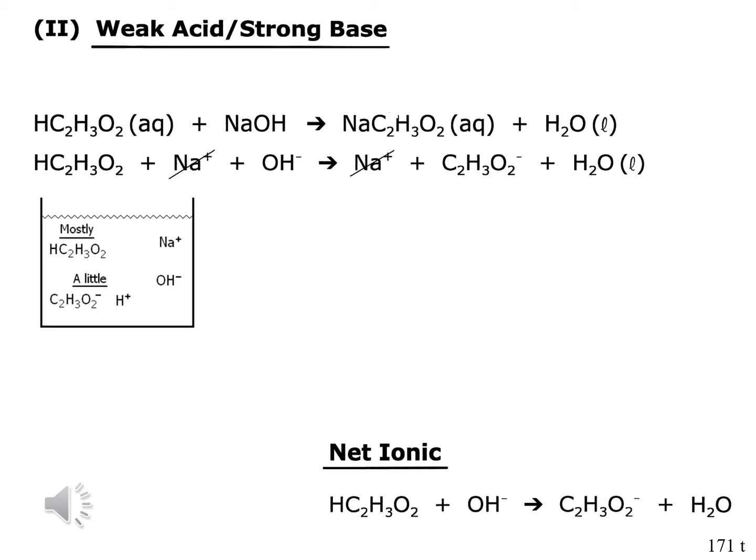When I write acetic acid in a beaker, I'm going to write it as mostly the acid because it's mostly molecules, and there's only a little bit of the ions. The sodium hydroxide, though, is still completely dissociated.